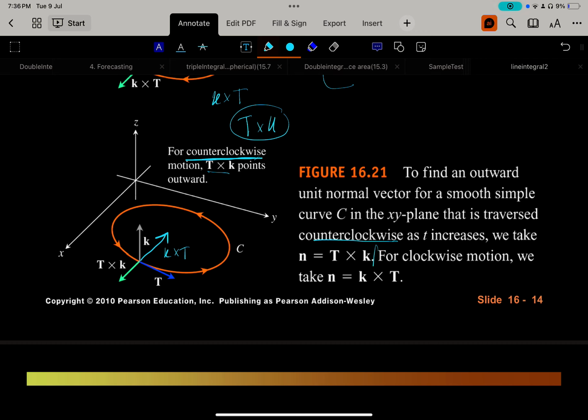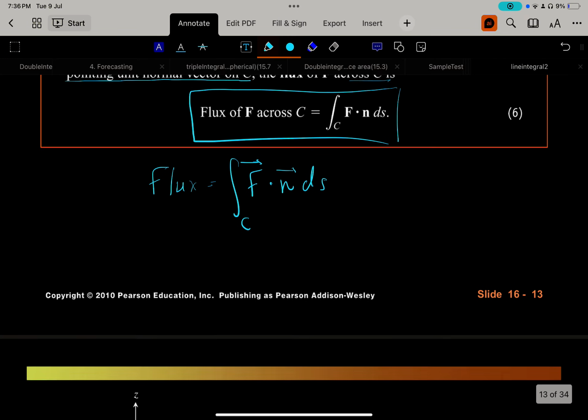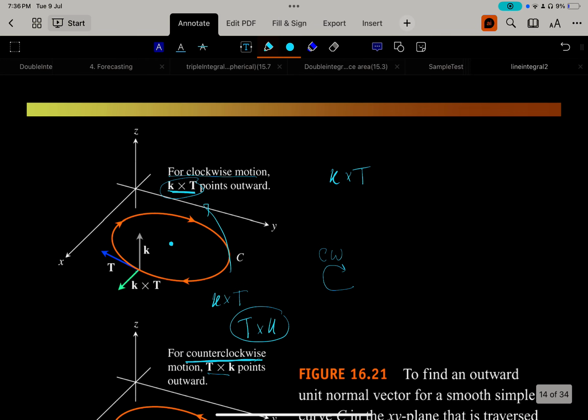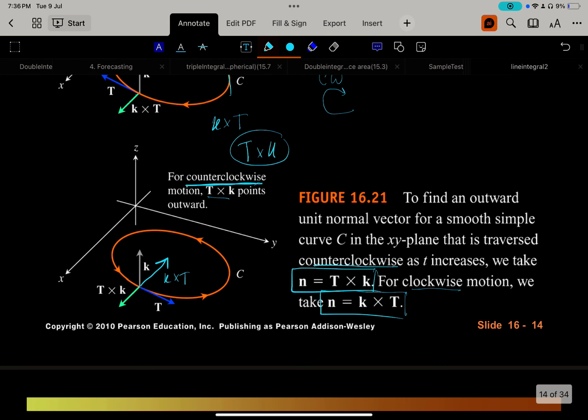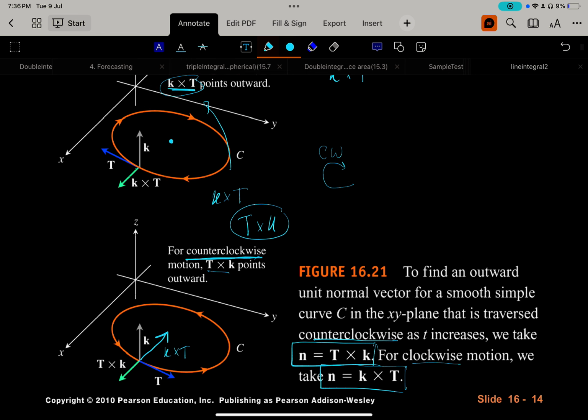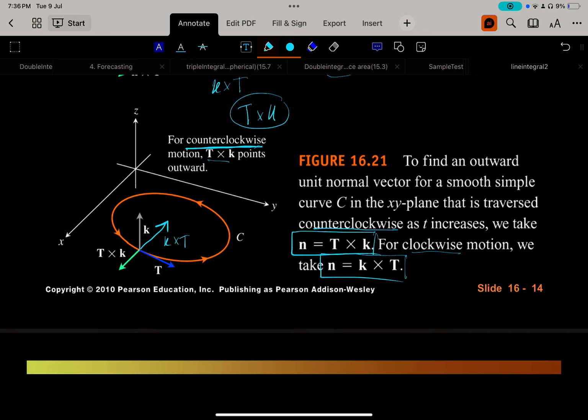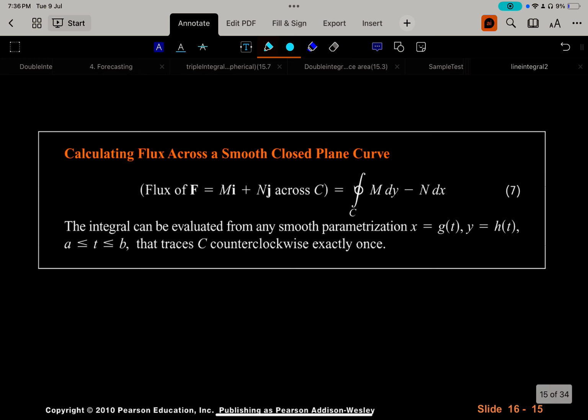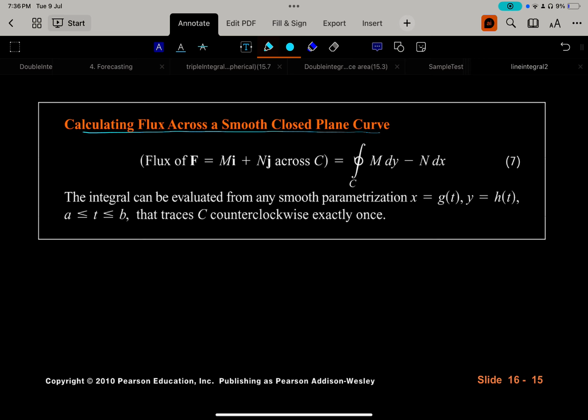For a clockwise motion, we take n equals k cross T. We need to make sure, in order to get our n, which is an outward-pointing unit vector, that we know the direction of the flow, and also that we choose our cross product: is it T cross k or k cross T? That's basically how we do it. That's calculating the flux across a smooth closed plane curve.